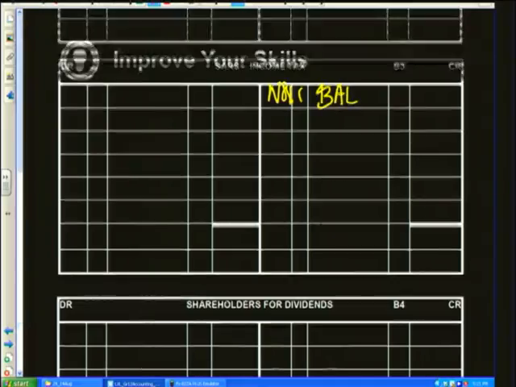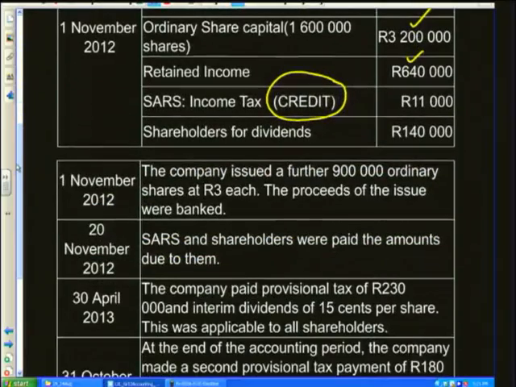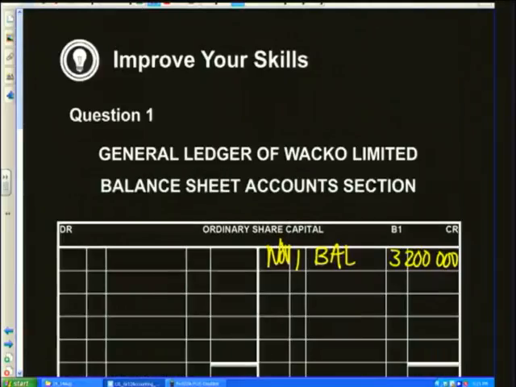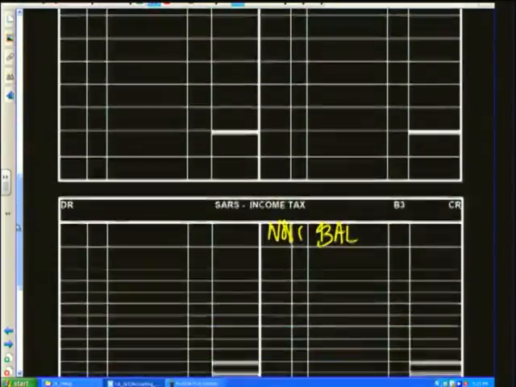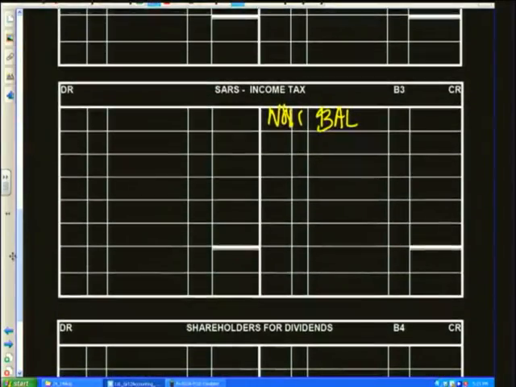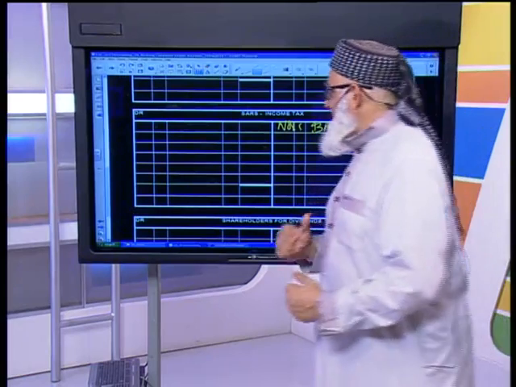And the balance was 11,000 rand. Notice that the question indicated that it was a credit balance. So in other words, whenever you are given SARS income tax, important, it will indicate to you whether it's a debit or a credit balance. Got that? Brilliant. Let's move on.